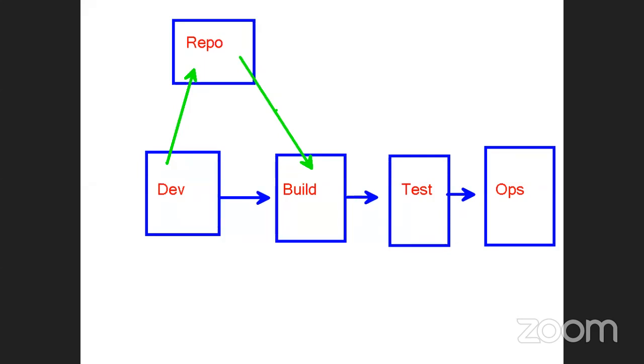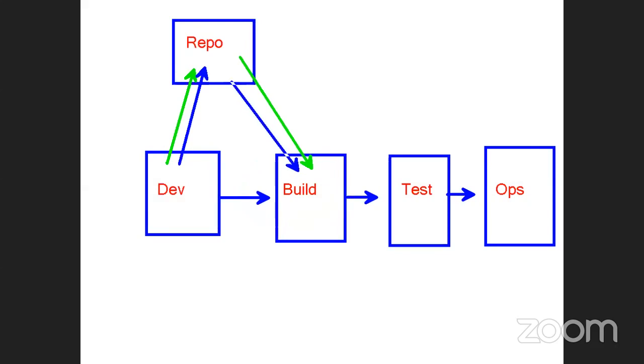But in this manual process, you can find some delay. What is the delay here? Someone adds new code to the repository. If the build team is not available at that time, what will happen? The build process is going to be delayed, right?